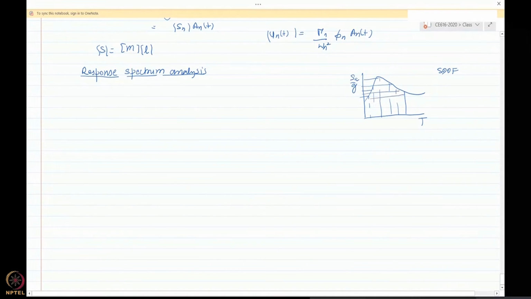I hope that is clear. So I have now a multi-degree of freedom system, which I have decomposed into n single degree of freedom systems with different time periods. If response spectra is given, I can say that each mode will have different peak response depending upon the time period, let us say T1, T2, T3, and so on.